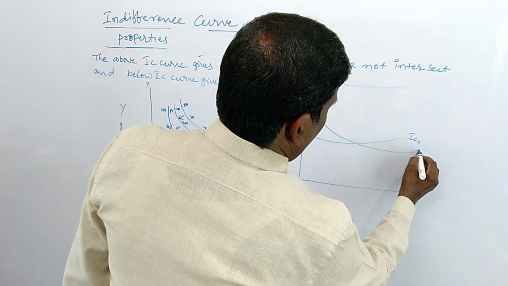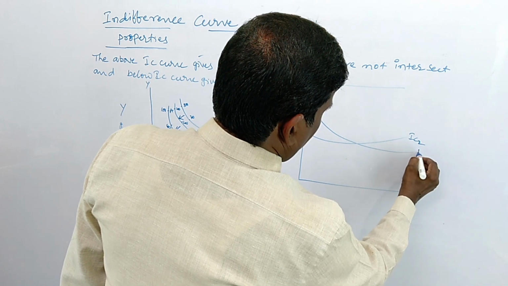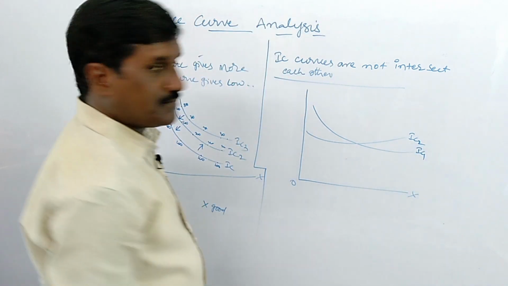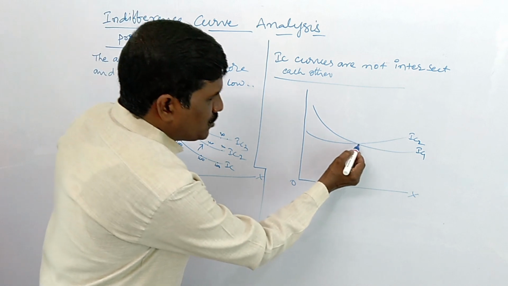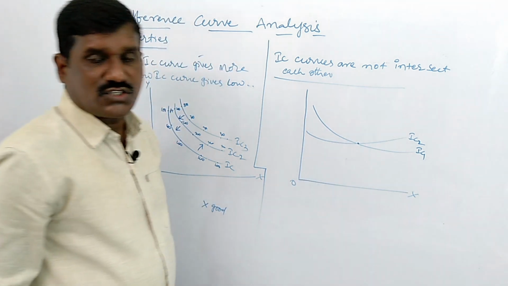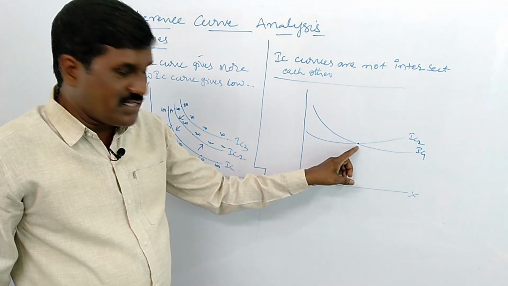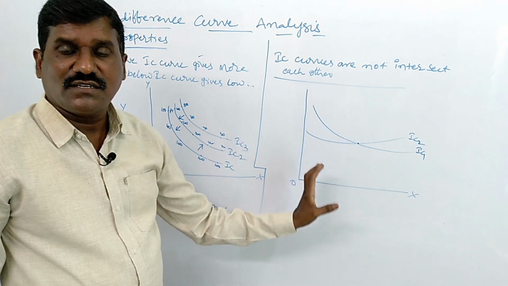So this is IC1 and this is IC2. See here, any two IC curves do not intersect each other.